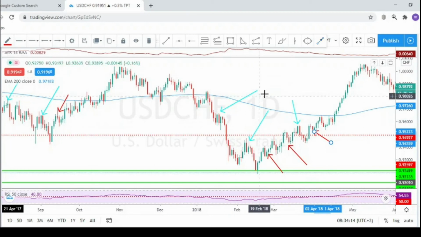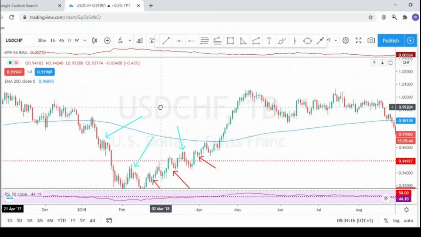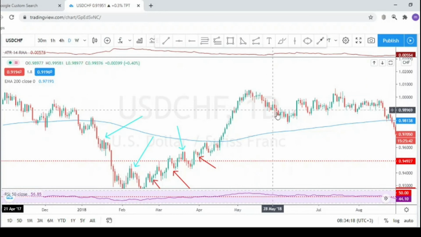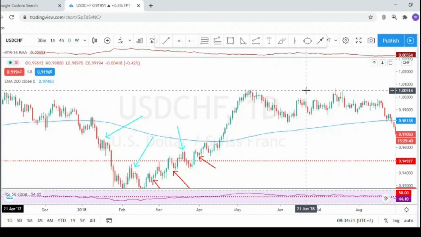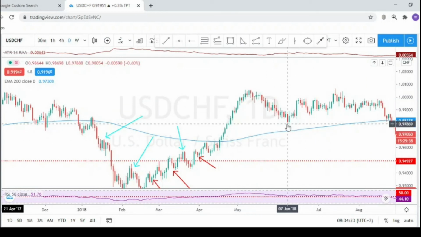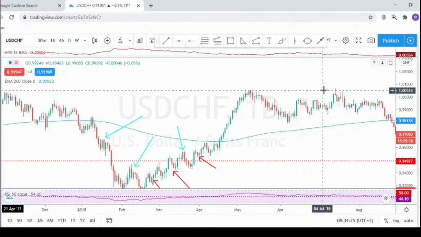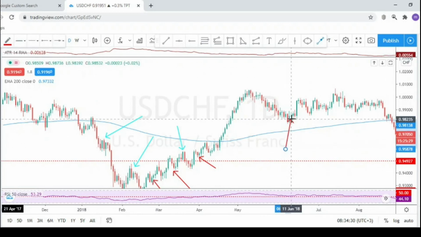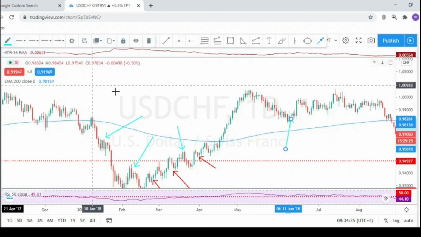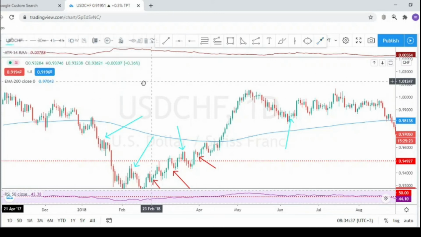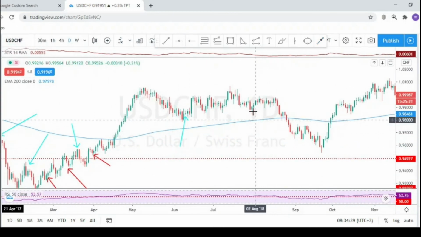Now the market is trending above 200 EMA, made this massive pullback and continue to the upside. From here, this would be a win here. This is a win. Made a pullback.